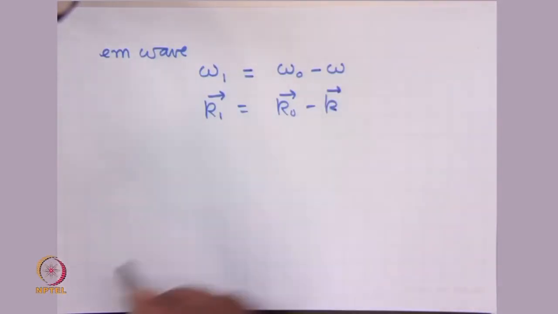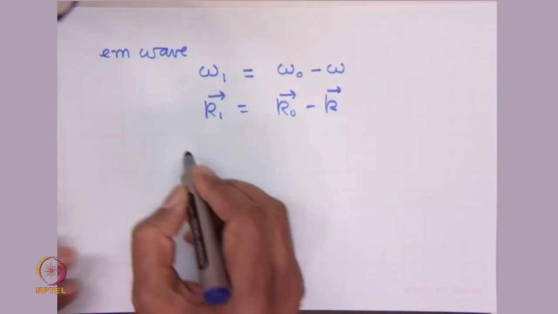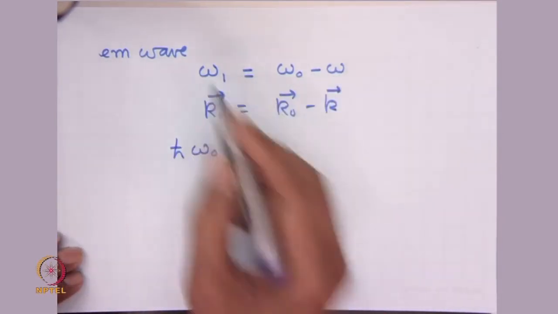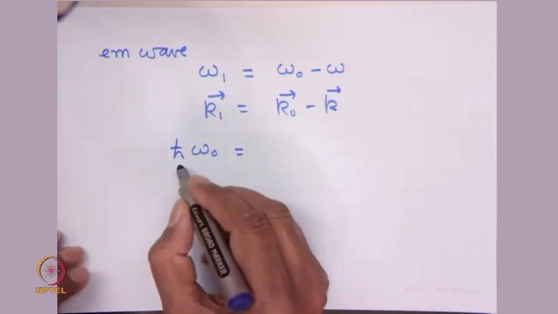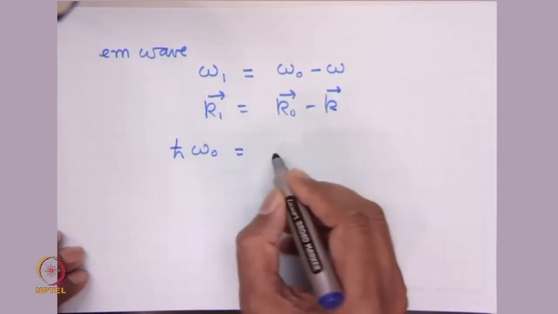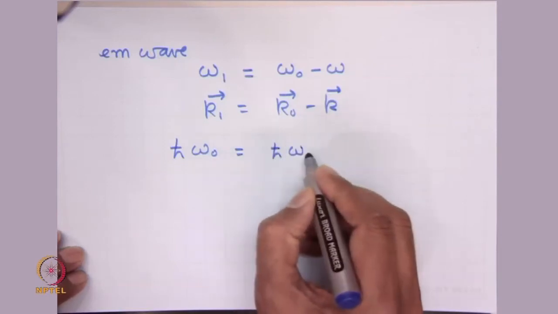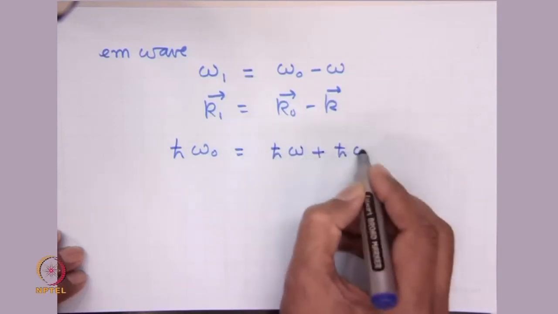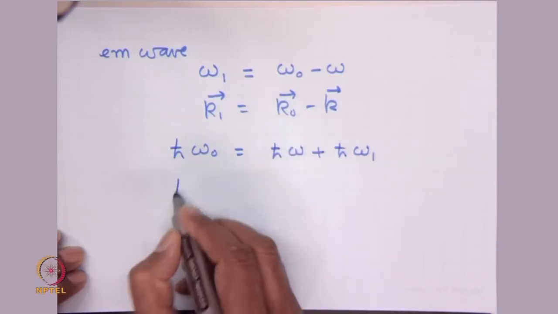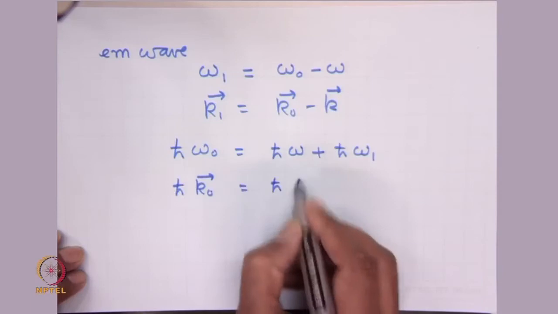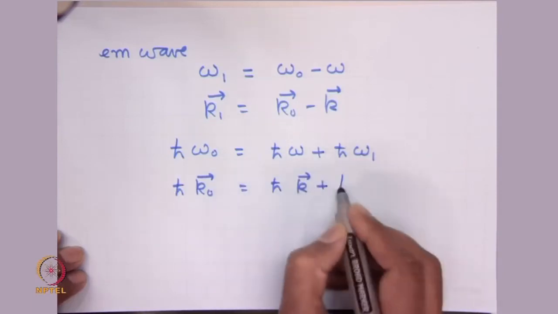You can write this in a different manner. Bring omega and omega 1 together on one side and multiply by Planck's constant upon 2 pi. So this is h cross omega 0 equals h cross omega plus h cross omega 1. This equation can be written as h cross k0 is equal to h cross k plus h cross k1.